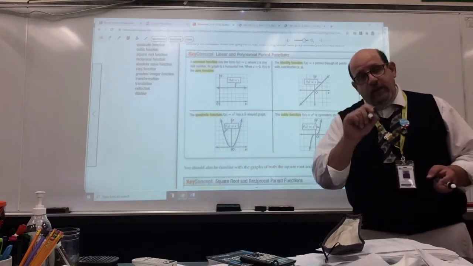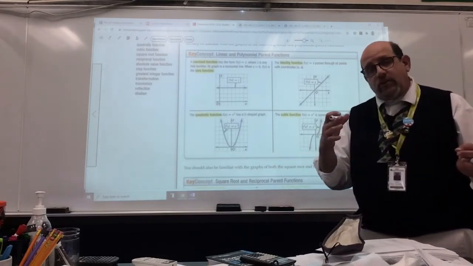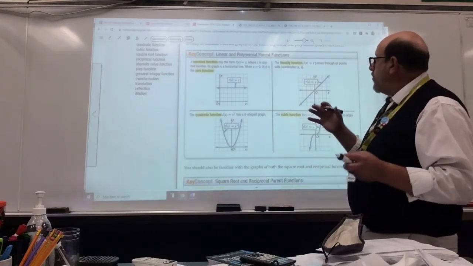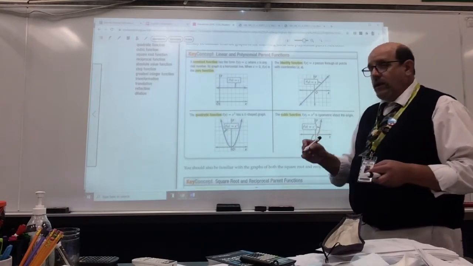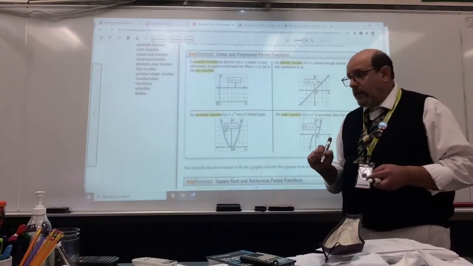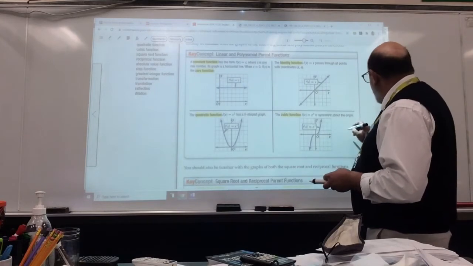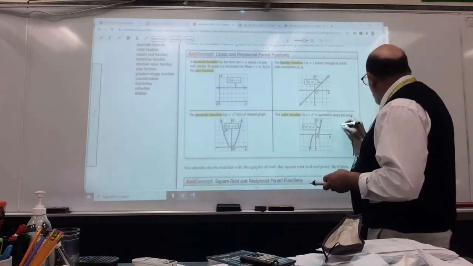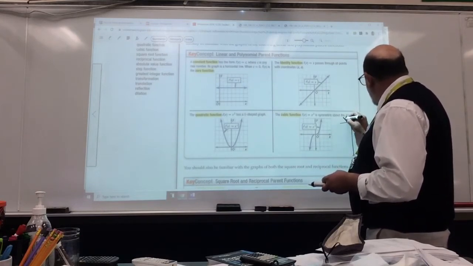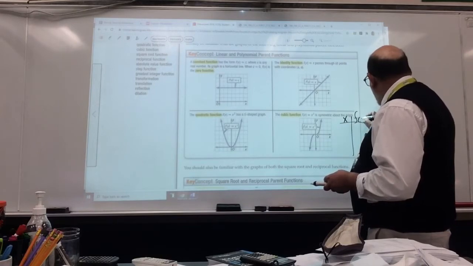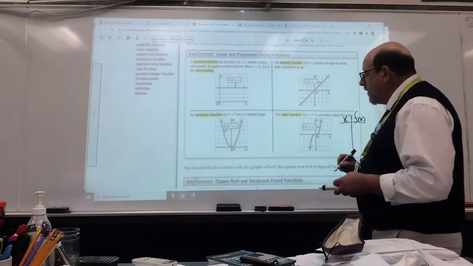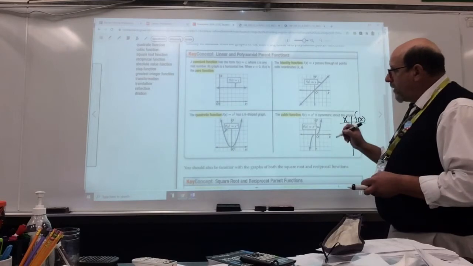And I want you to think about this idea, because when we start to transform, I want you to start using a little table, okay? A little input-output table or an XY table. So I'm going to create an X and f of x table here. And I'm just going to put in those same values.